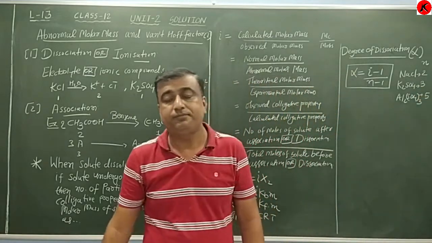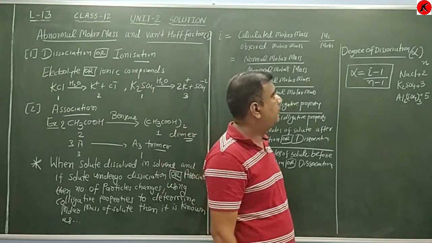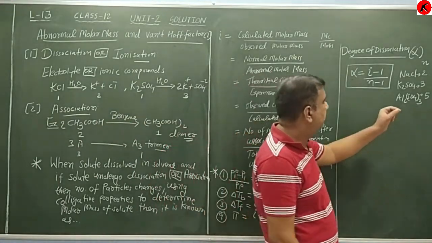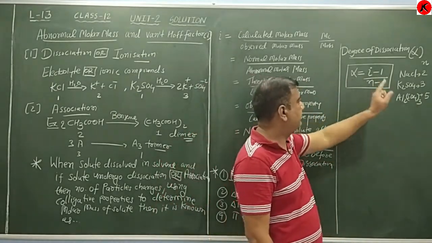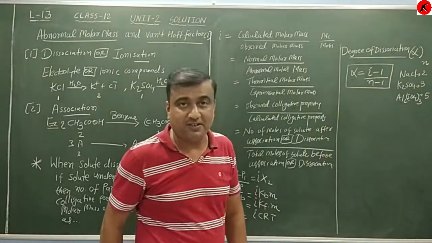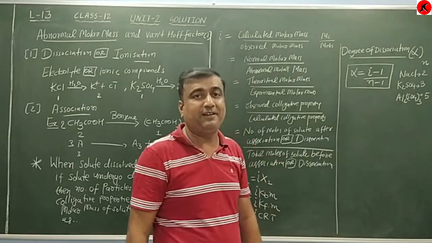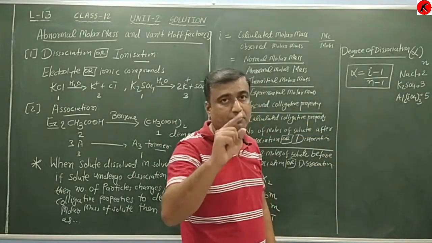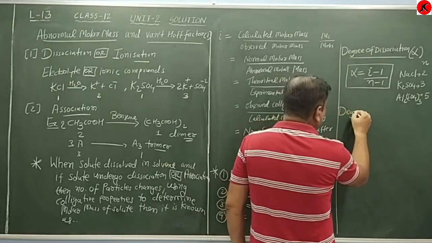In short, when a solute undergoes 100% dissociation, the number of particles produced is called n. And if 100% dissociation occurs, then the values of i and n will be the same, because at that time alpha will be 1.